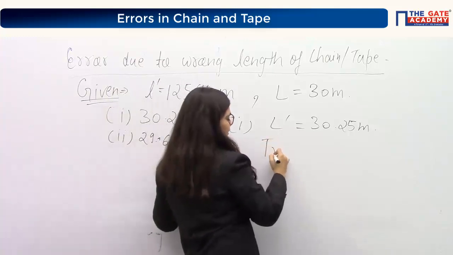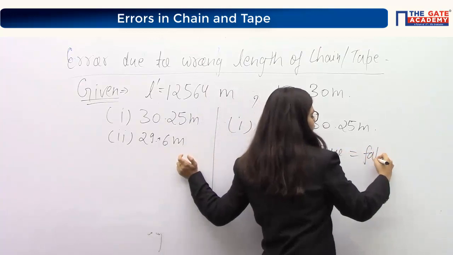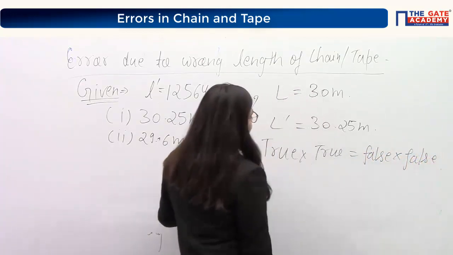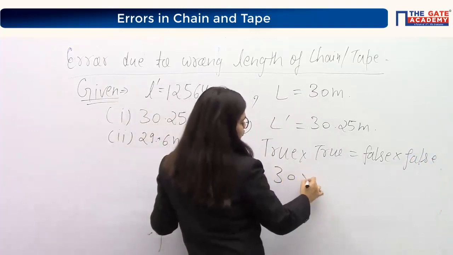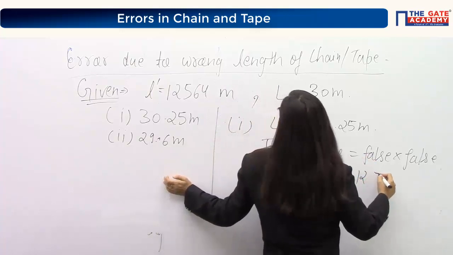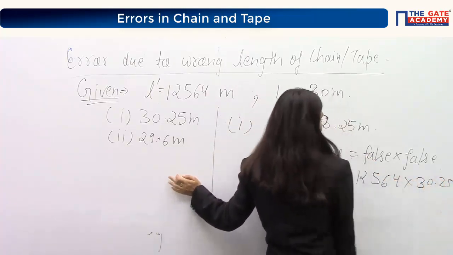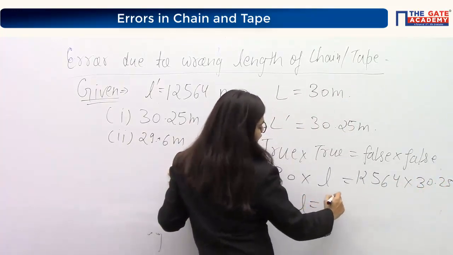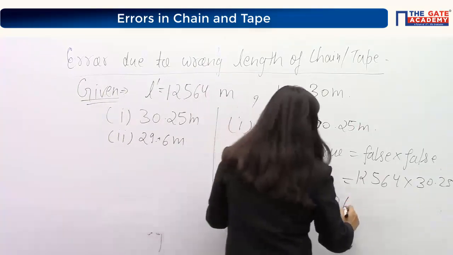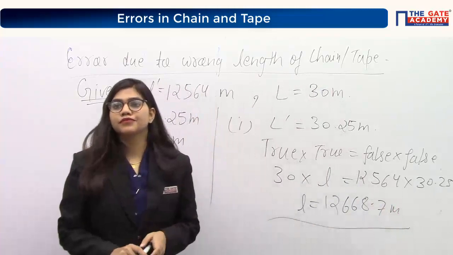So that is your true into true is equal to false into false. Your true is 30 into L that you have to calculate. False is 12564 into 30.25. So the answer is 12668.7 meter. I hope it is clear.